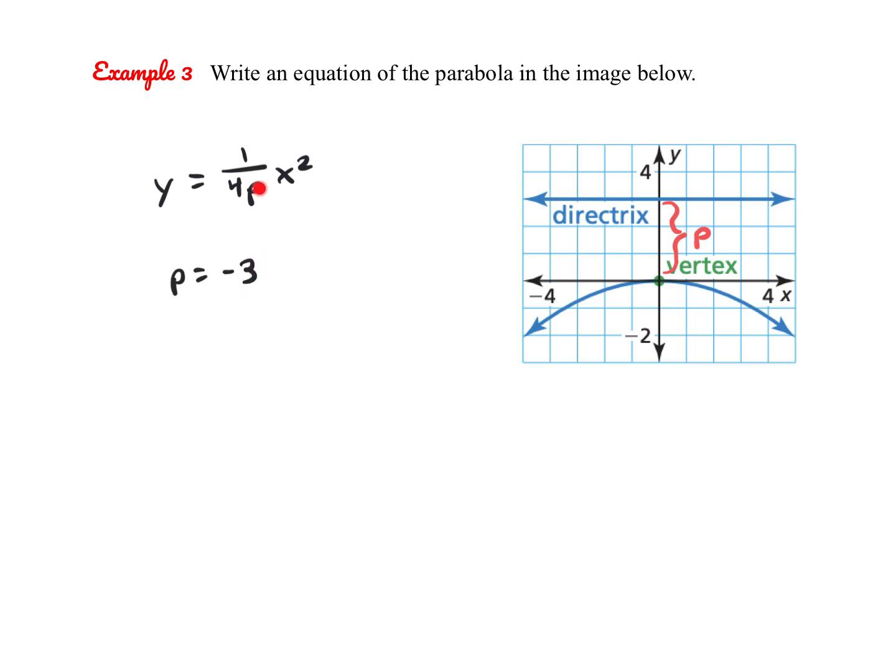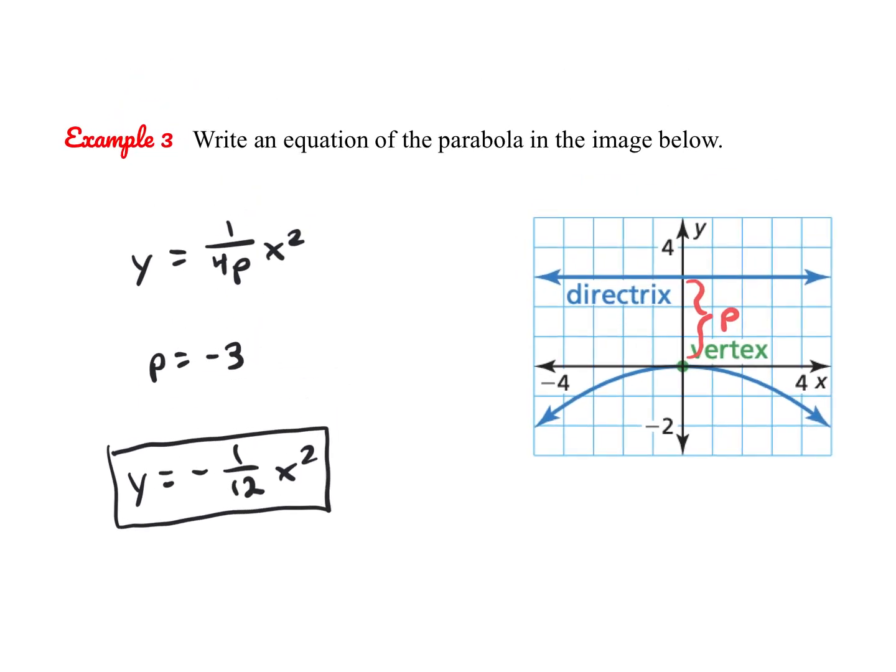So all I need to do is substitute my p-value into our general form. So we have -1/12 x squared. So again, this is a matter of deciding what is your general equation and what is your p-value, but from there, you're just plugging it into that general form.